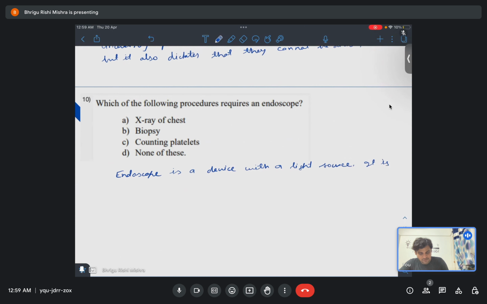It is used to look inside the human body. This is required when you have to look into the human body, so that is known as biopsy. So you need endoscopy in biopsy.